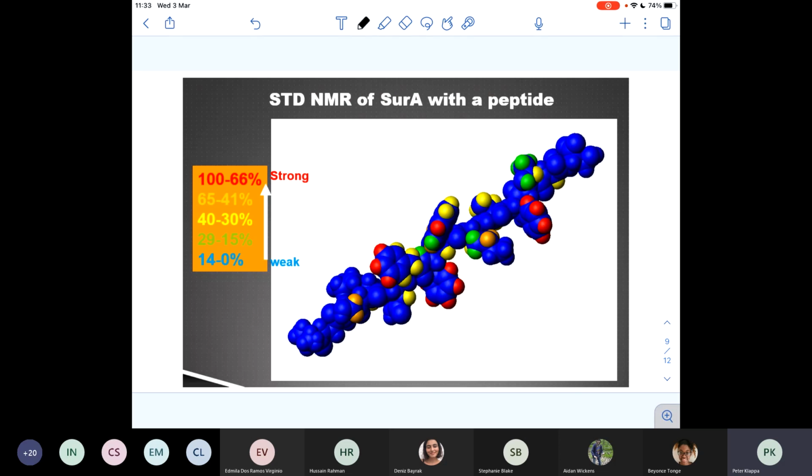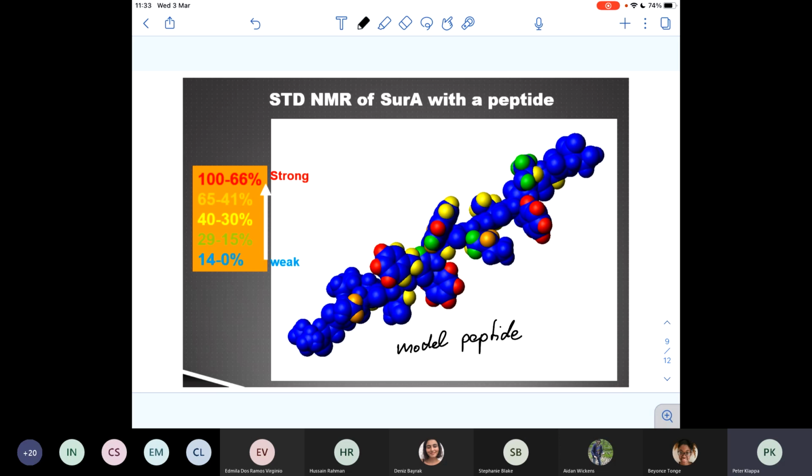It actually is a method that measures which particular parts of our model peptide, and that's our model peptide here, which particular parts of the model peptide are in close contact with amino acids from the substrate binding site.